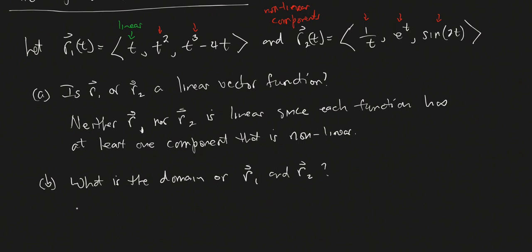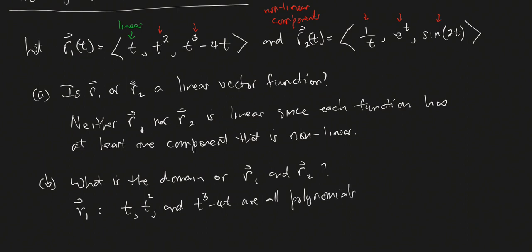So let's start by looking at R1. So the first component and the second component and the third component of R1. These are all polynomials. So t squared and t cubed minus 4t are all polynomials.